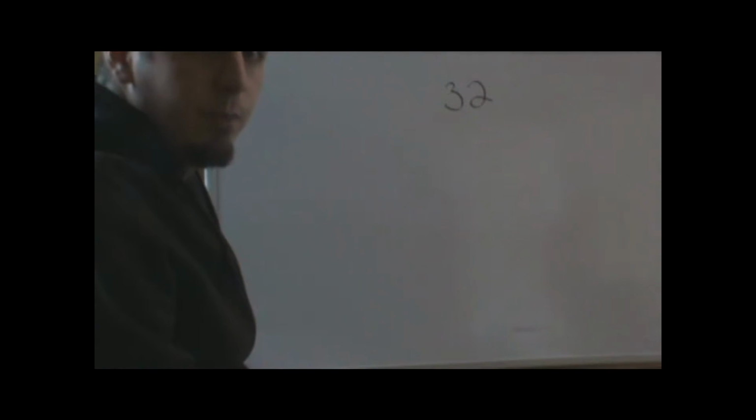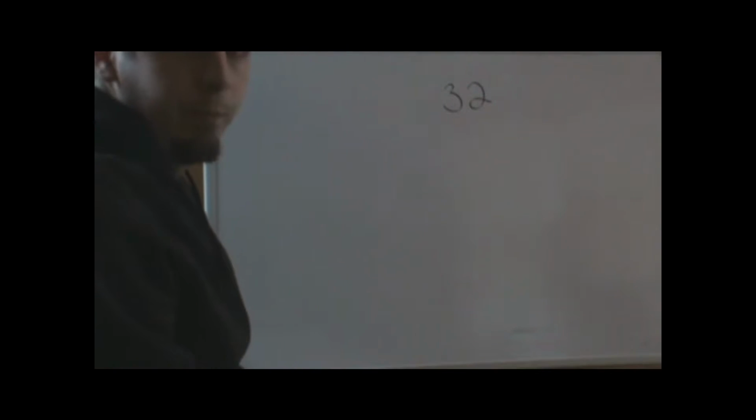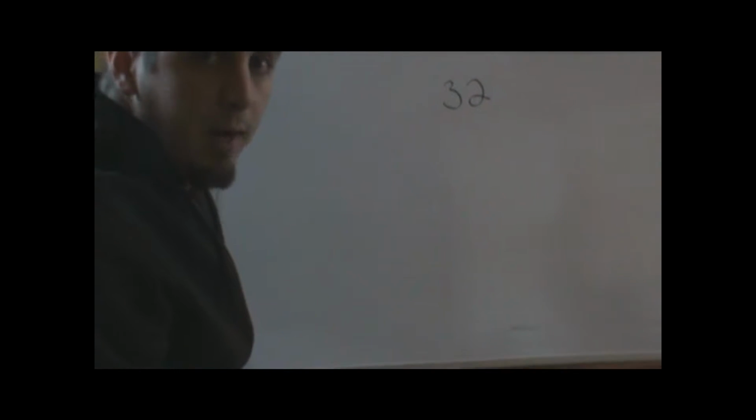Every number can be found by multiplying prime numbers together. So every number has a group of prime numbers that when multiplied together will equal it.